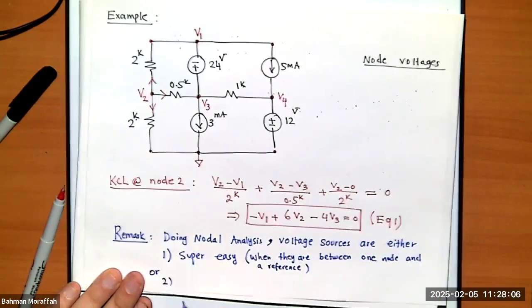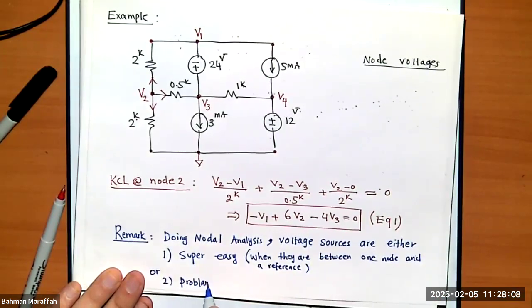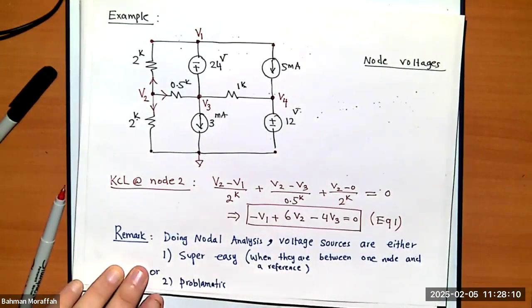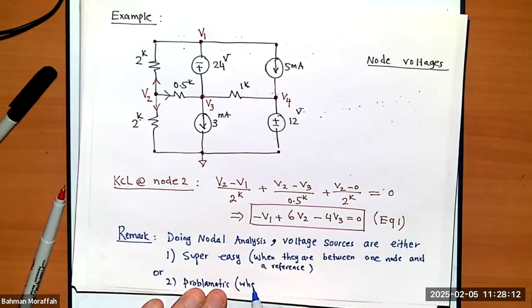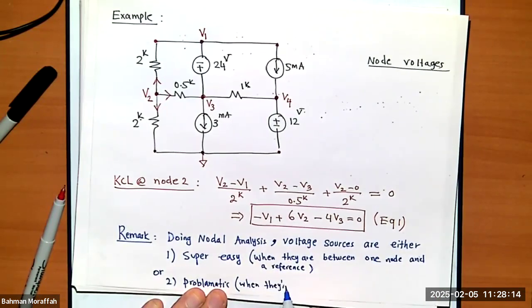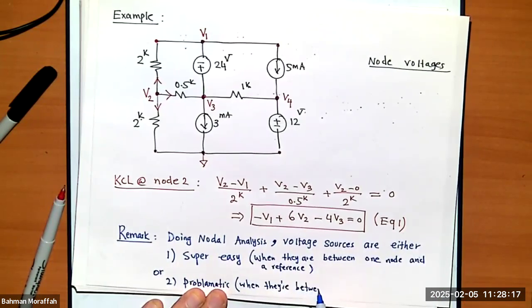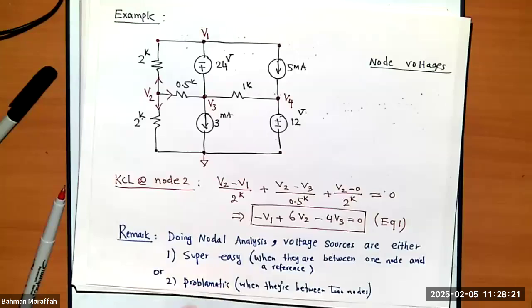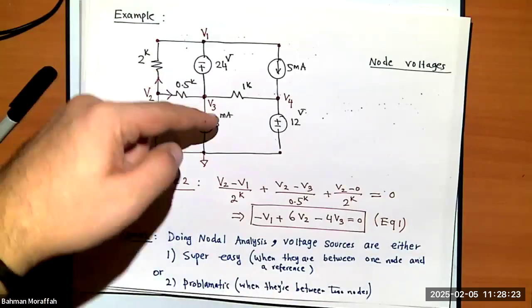Or they're problematic, which again, we know that's the case when they're between two nodes, right? Over here.